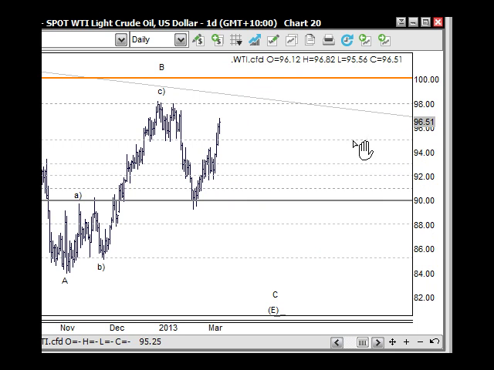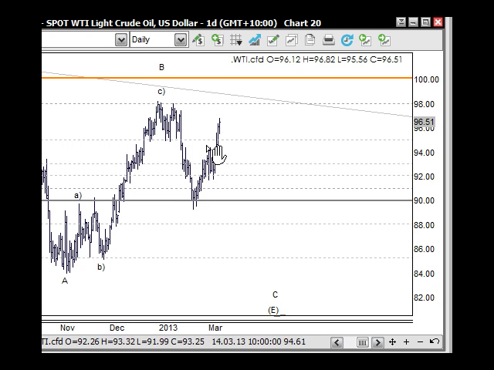Just want to drill down into this. The move down through here appears to be in an ABC, so an A and a B and 5 waves for the C wave here, so corrective through here. So it's quite reasonable to expect a move above here.